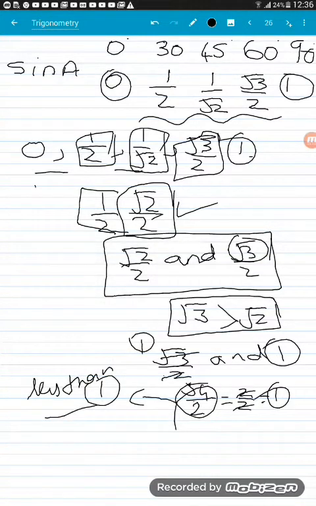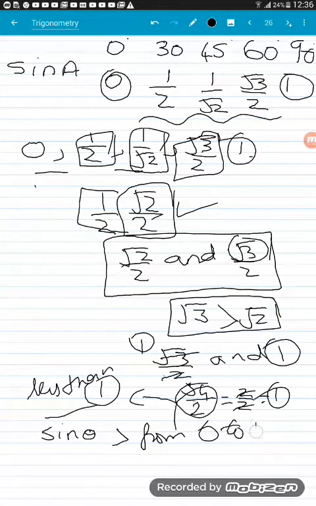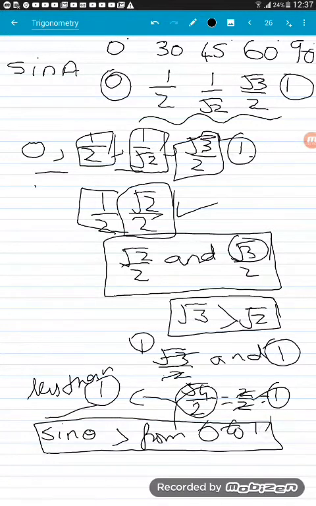Therefore this fact says that sine theta increases from 0 to 1. So we can say that it is true.